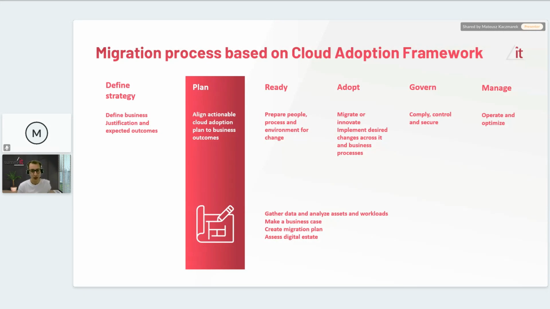During this part, we also need to understand all technical dependencies and assess the performance requirements that we want to have in the cloud. The next step during this phase will be to define our migration approach. This means we need to select the right strategy for different workloads, which I will dive into a little bit more in a minute.